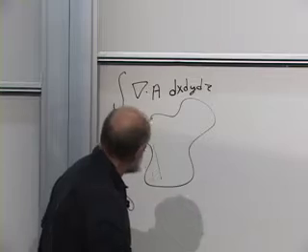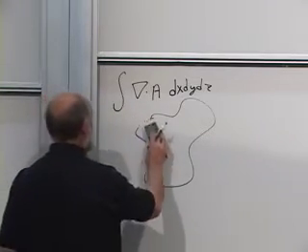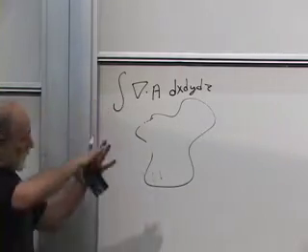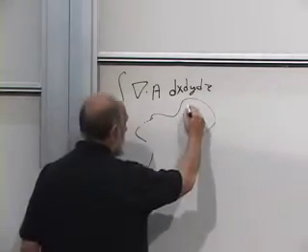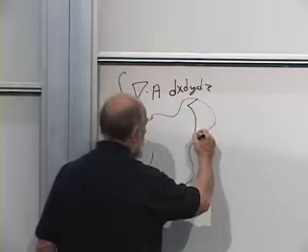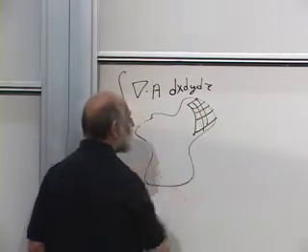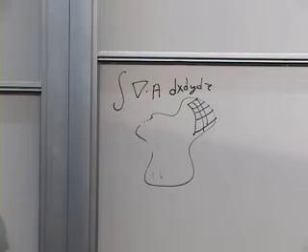Okay? That's integrating the divergence of A over the interior region here. What Gauss's theorem says is that that integral is equal to a surface integral, a sum over the surface. So let's draw a piece of the surface, and also break up the bounding surface into little squares, little cells.